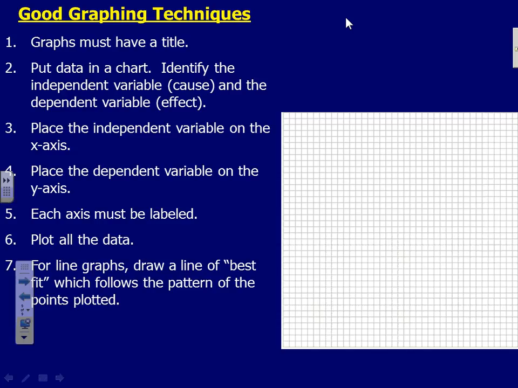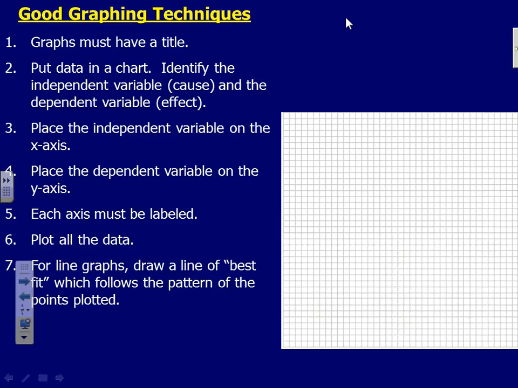Wow, that's a crazy long title. In chemistry and physics, keep it simple. If I'm graphing pressure versus volume, keep it simple.